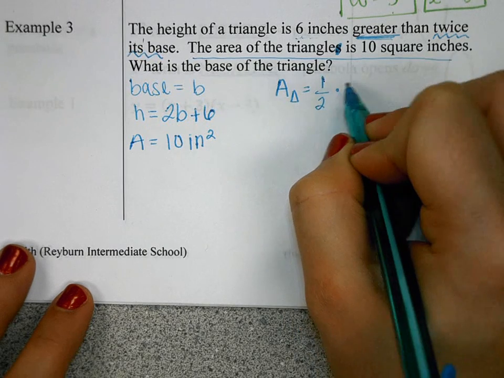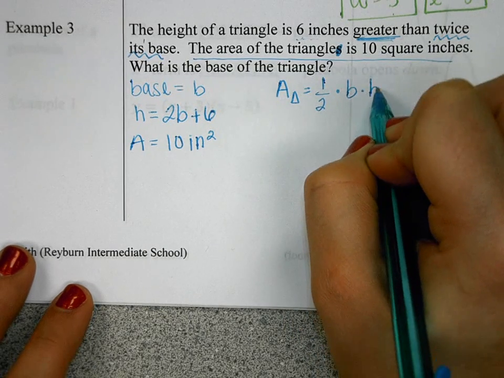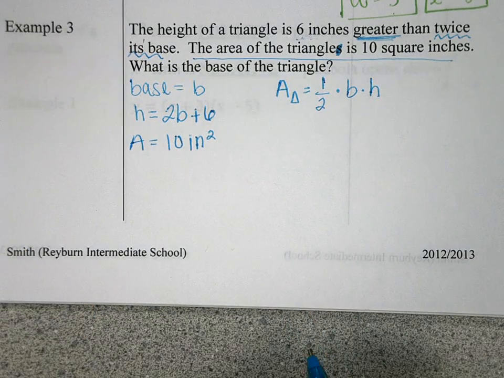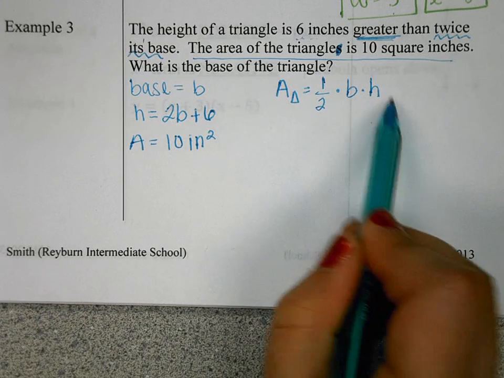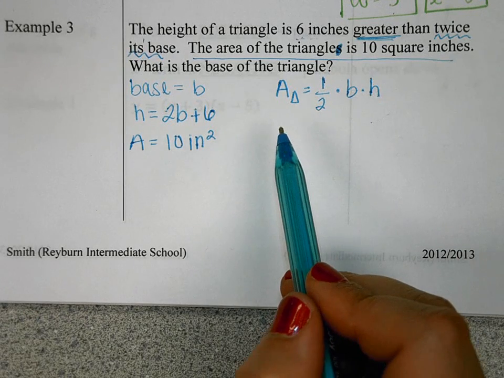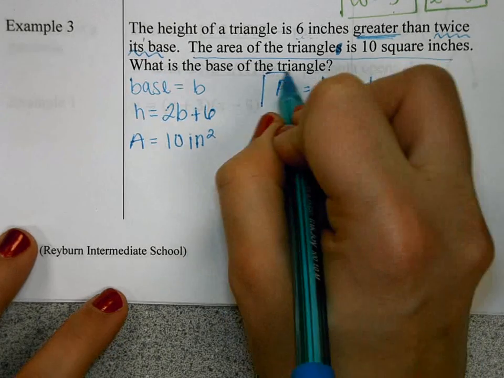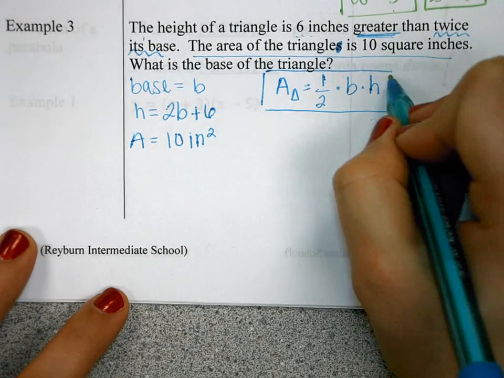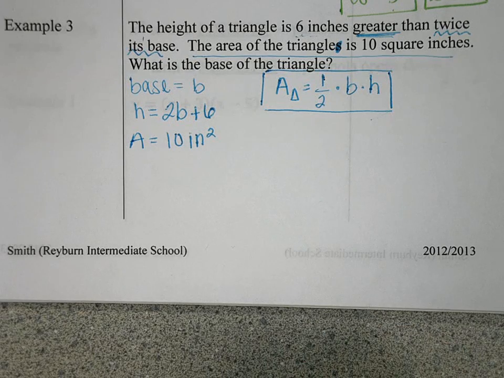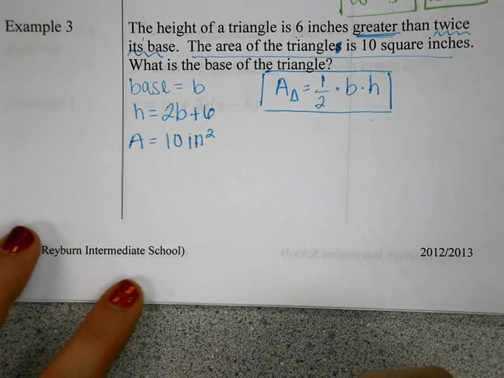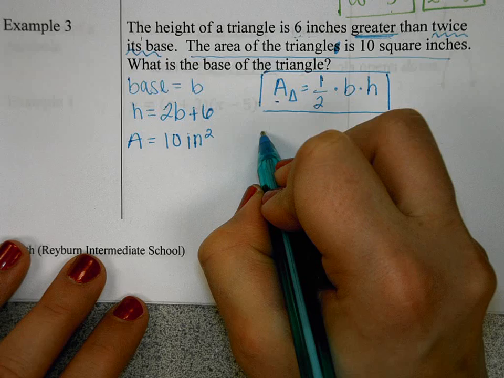Half times base times height, or base times height divided by 2. Okay, so let's write out that formula for area of a triangle. I'm actually going to put a box around it because it's something you should have memorized. Do we have enough information to plug into all of that? Yeah, we actually do.